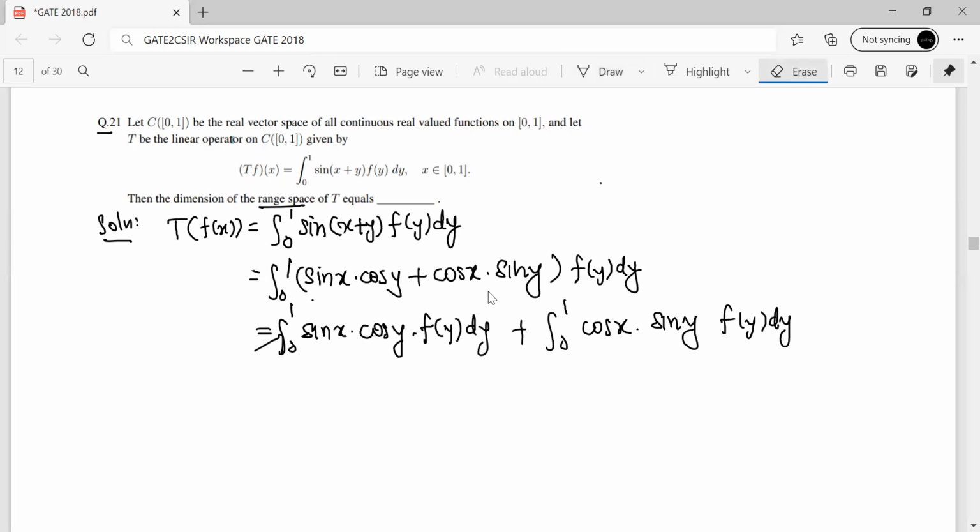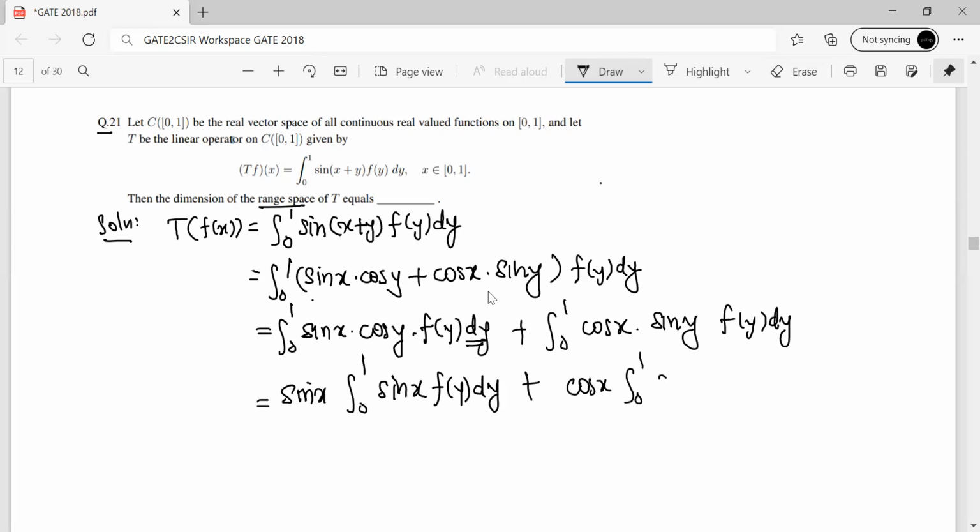Now, since the integral is with respect to y, sin x has no role. I'll take it out: sin x times integral 0 to 1 cos y f of y dy, plus similarly I'll take cos x out and then integral 0 to 1 sin y into f of y dy.